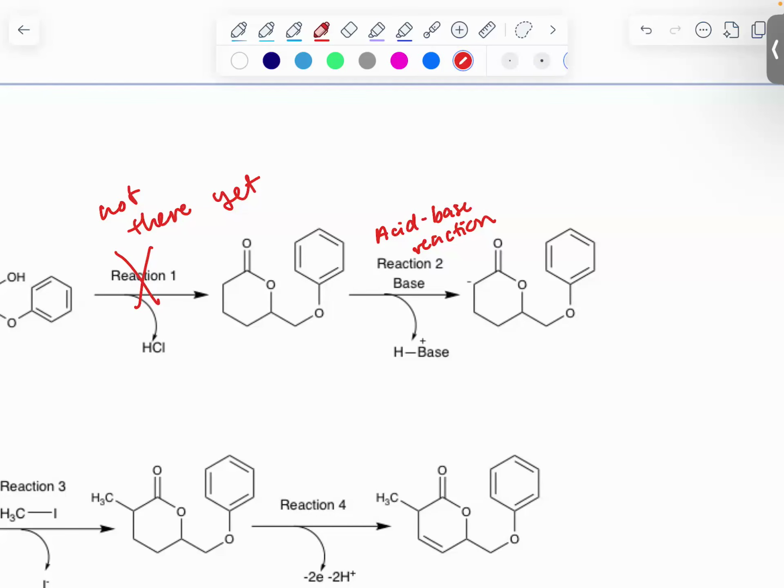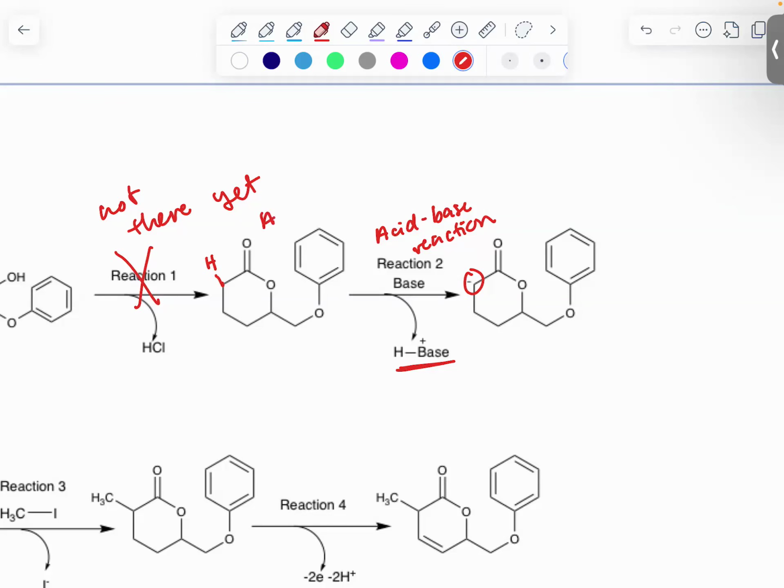What is happening? What should we be looking for in the reaction? A proton moving. So we had a proton here that we then lost because it landed on the base. If all that's changing is one proton moving, that is just an acid-base reaction.